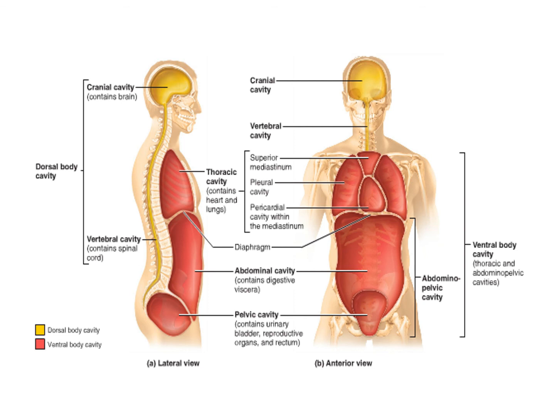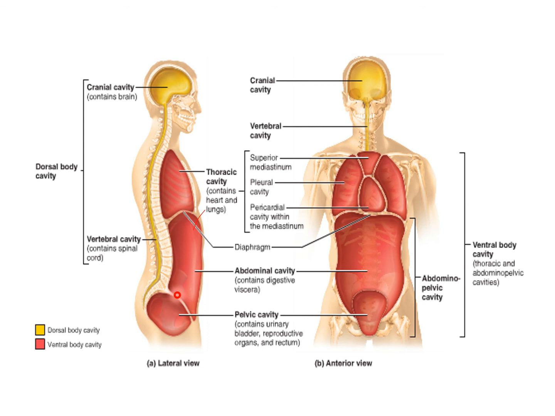There are several different body cavities, but overall they can be divided into the ventral cavity towards the front of the body or the dorsal cavity if they're towards the back of the body. So the ventral cavity is made up of the thoracic cavity where you have the heart and lungs, then the abdominal cavity that contains the digestive system and all the accessory organs, and the pelvic cavity.